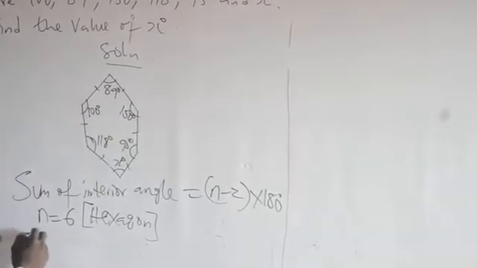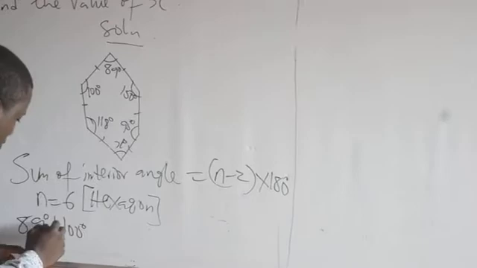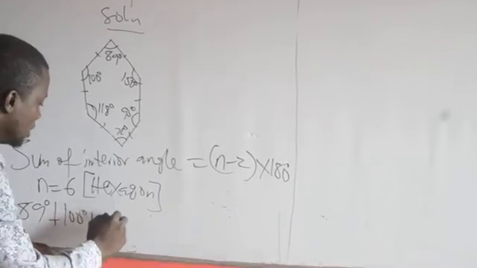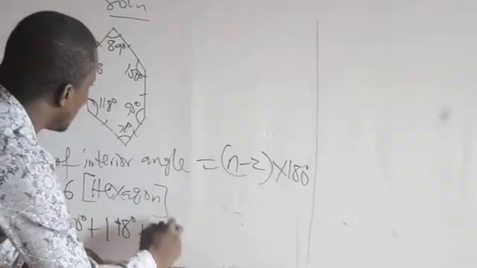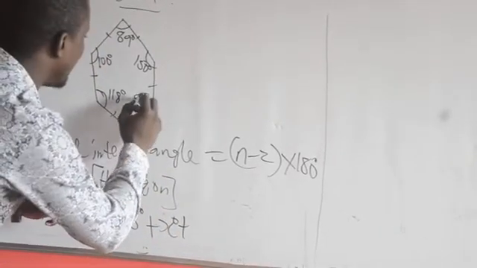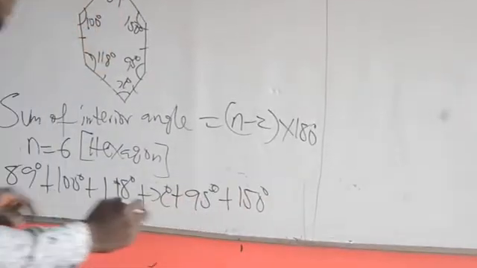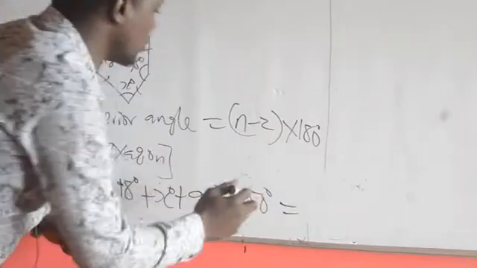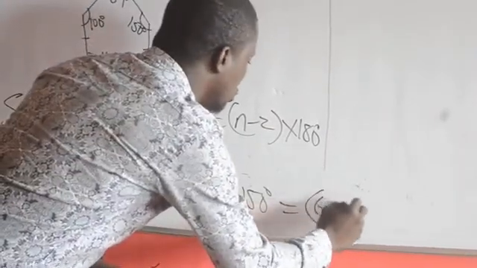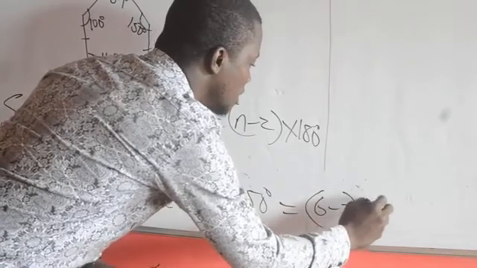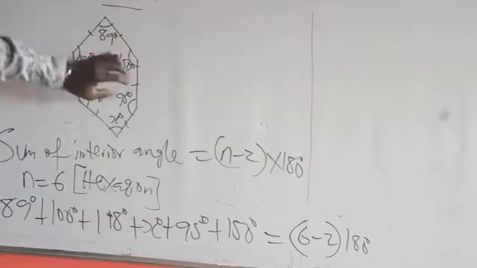So you say 89 degrees plus 100 degrees plus 118 degrees plus S degrees, which is unknown, plus 95 degrees plus 150 degrees equals n for a hexagon, which is 6, minus 2, bracket 180 degrees. So you can see how we have summed up all the interior angles of this hexagon.